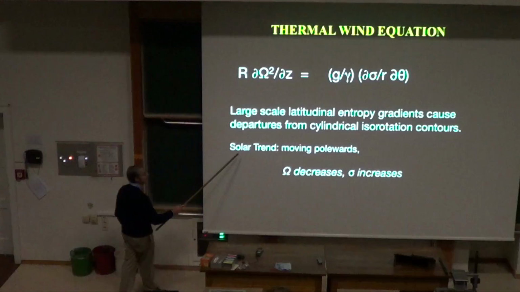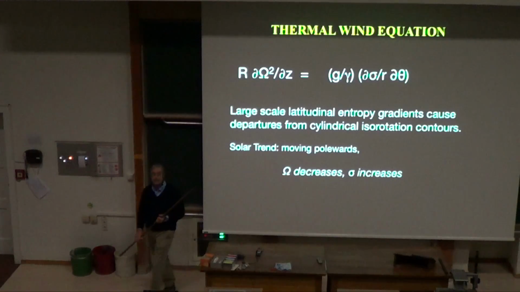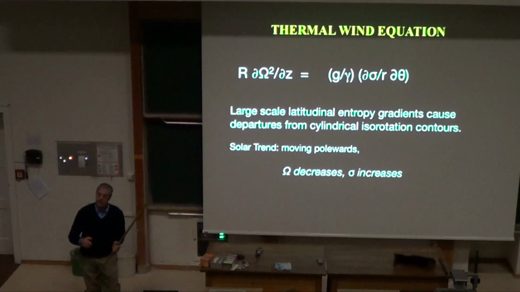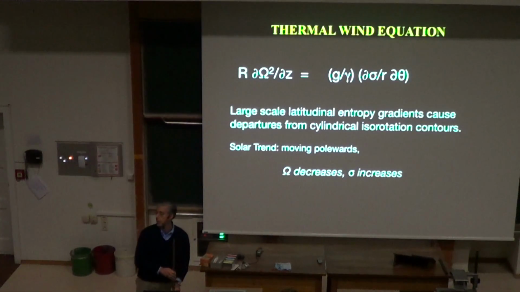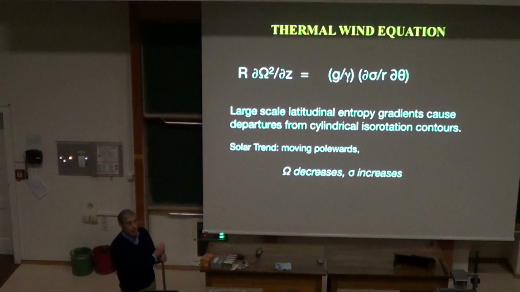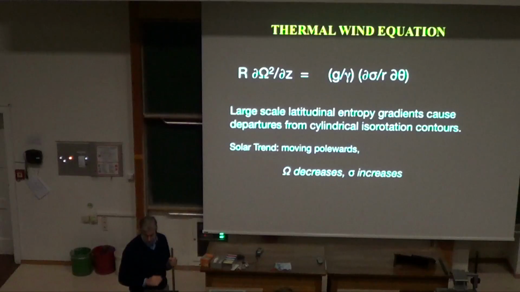And then the trend in the sun is that as we move polewards, omega decreases, and therefore sigma increases. The sun should be a little bit hotter at the poles than the equator. This has been measured, and indeed it is. And it's actually rather amazing because it amounts to simply a few degrees out of a million degrees, which is the characteristic temperature of the convective zone just underneath the surface.